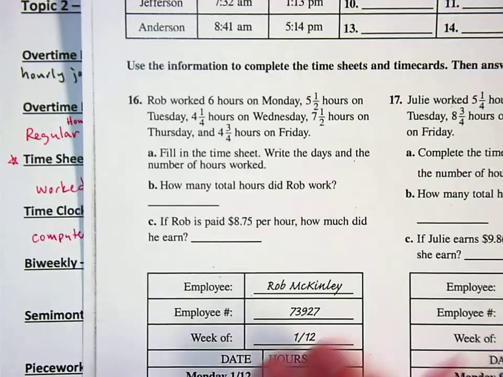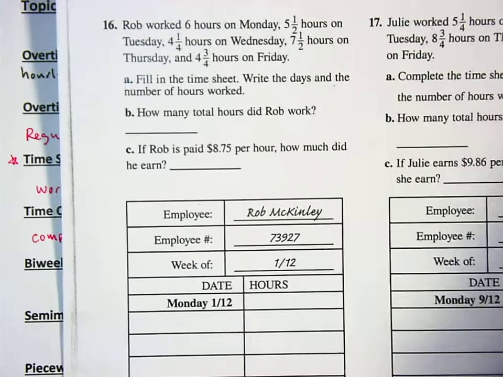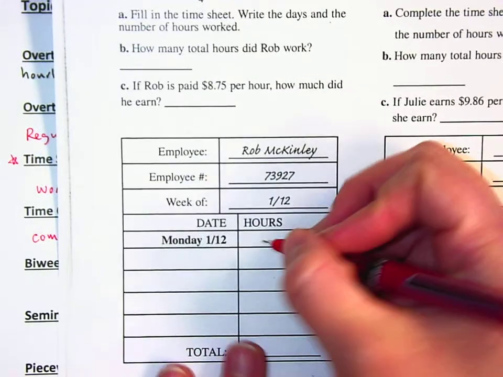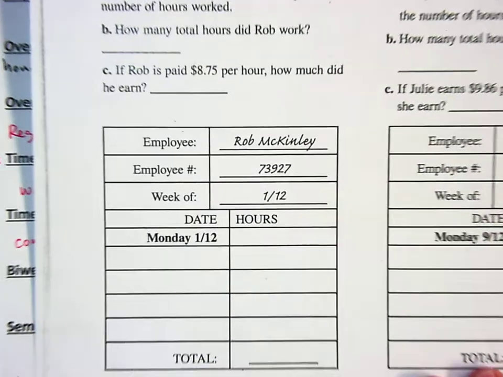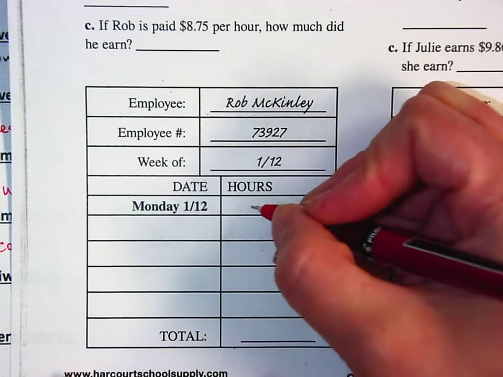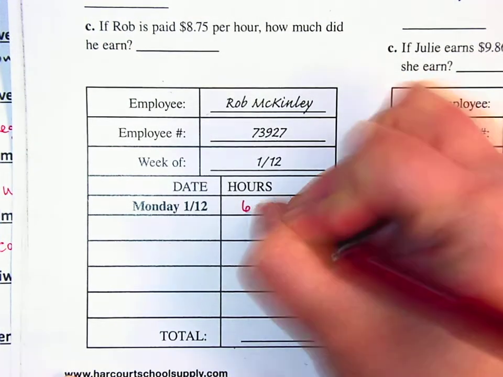All right, then I'm going to jump down to 16. Rob worked 6 hours on Monday. Okay, I'm going to start recording his thing down here. And I'm going to zoom in so that you guys won't see the problem that I'm reading, but you've got it in front of you anyway. So 6 hours on Monday.